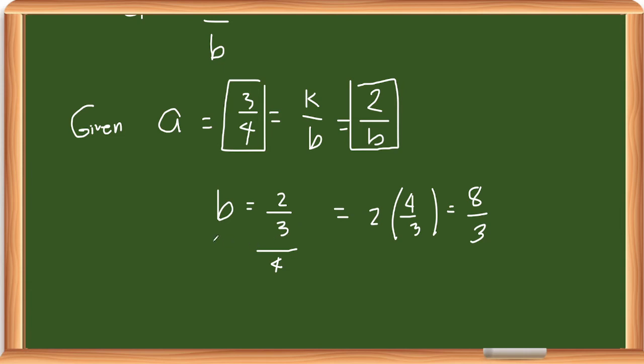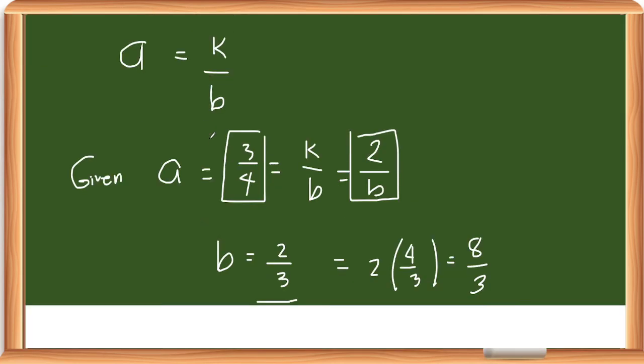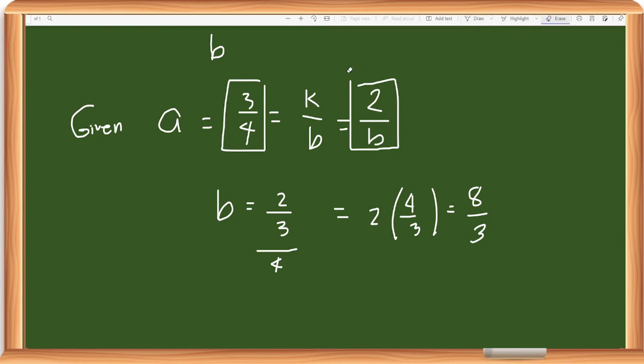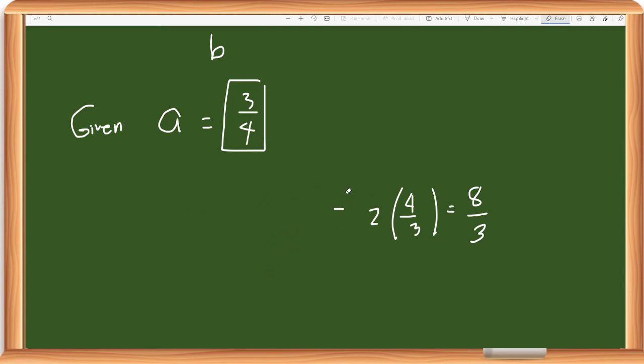Okay, so o kaya i-substitute lang natin. No, ang given is A is equal to 3 over 4. And K is 2.